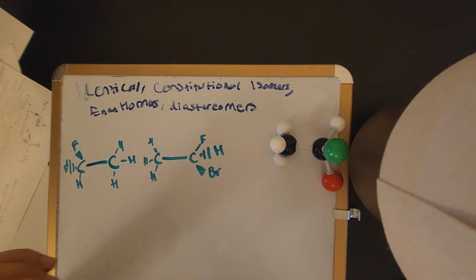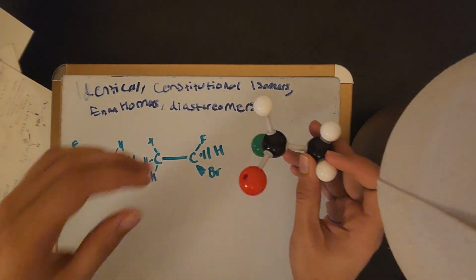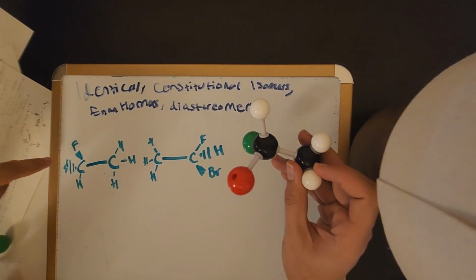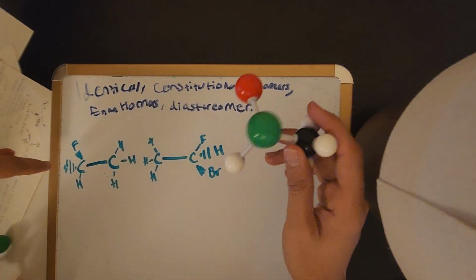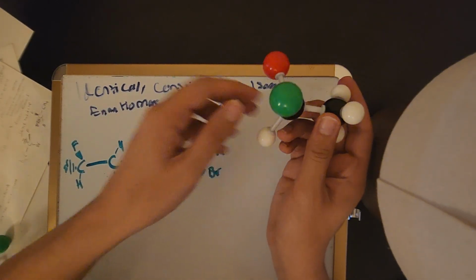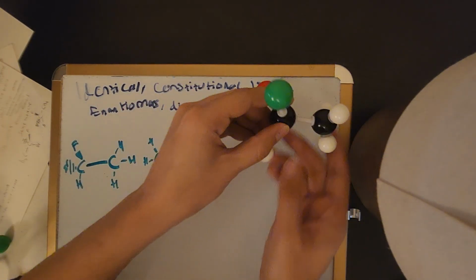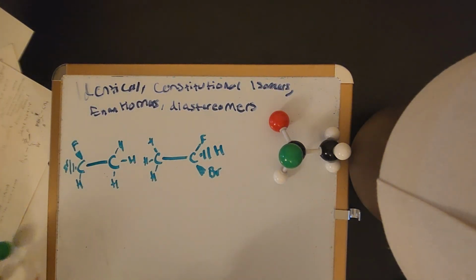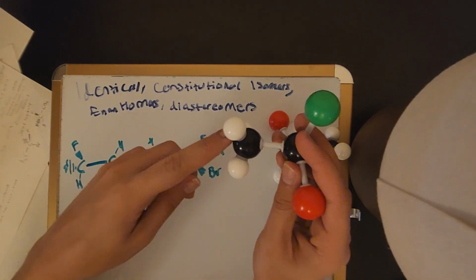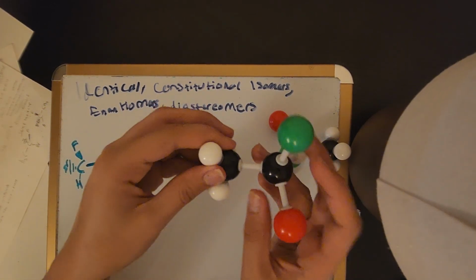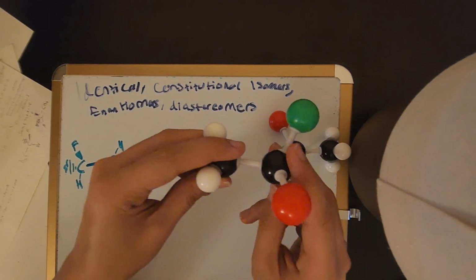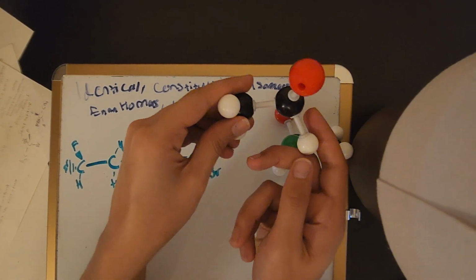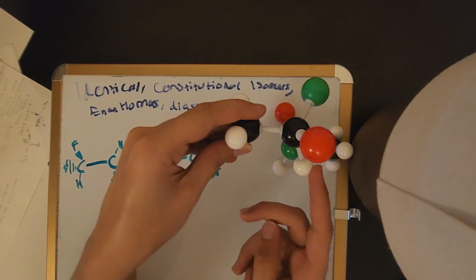And now in this molecule, it's flipped. Actually, this goes this way. And yeah, this is how it will look for you now. In this molecule, it's reverse. So we have CH3, we have the bromine facing towards us, we have the fluorine facing away from us, and we have the hydrogen facing straight down.